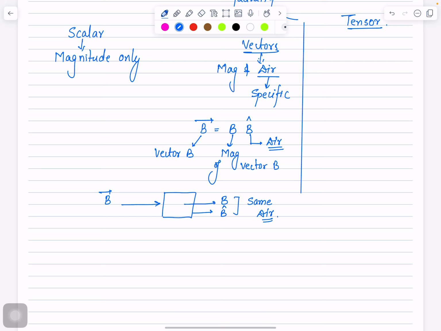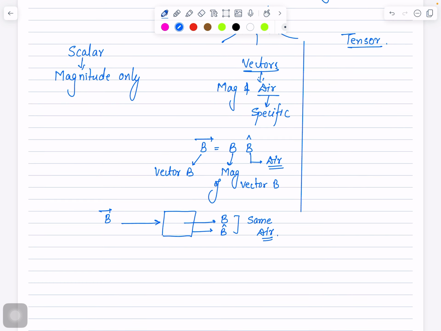Now, in terms of tensors, before explaining what exactly a tensor quantity is, you need to understand the example. Let's say A vector equals A n cap. If it were a vector quantity, then it should be A cap here. This is the vector and this is for tensor.